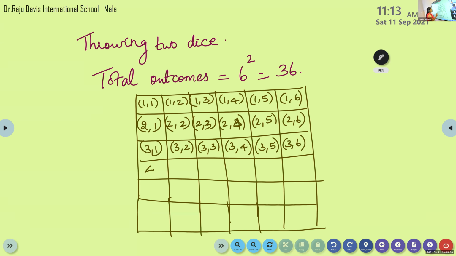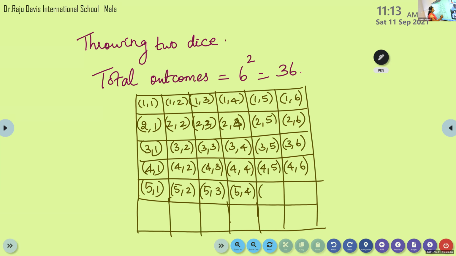Similarly, if you start with 4: 4,1; 4,2; 4,3; 4,4; 4,5; 4,6. Then 5,1; 5,2; 5,3; 5,4; 5,5; 5,6. Again 6,1; 6,2; 6,3; 6,4; 6,5; 6,6.